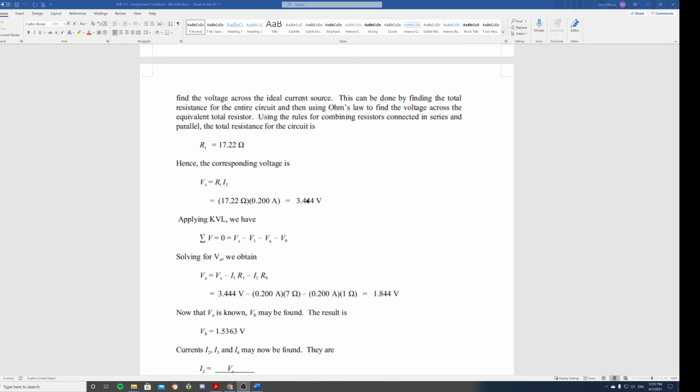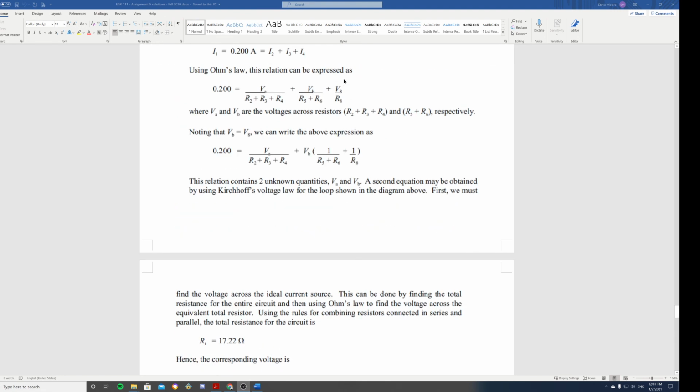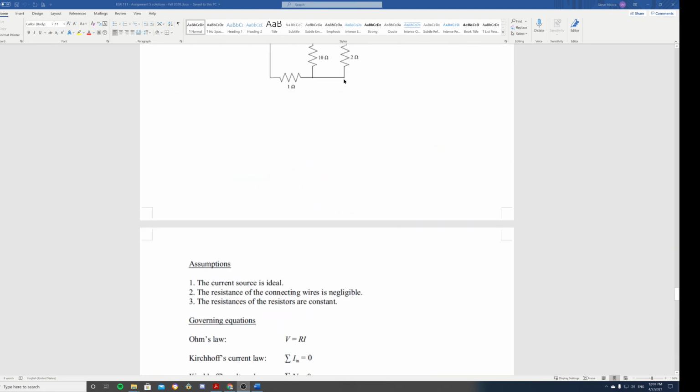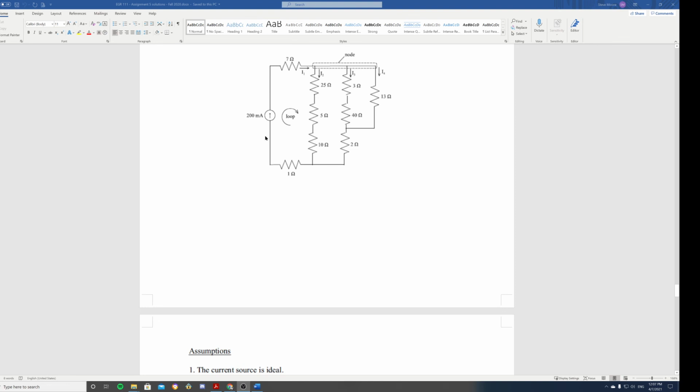Okay. Now we'll apply KVL on that loop, which essentially says: source voltage, which is the voltage across this device, goes up by a voltage, so this is plus voltage. Then we're going to go down by a voltage here, the voltage across this 7 ohm resistor. And then we already know this is VA, from this point to this point. That was defined.